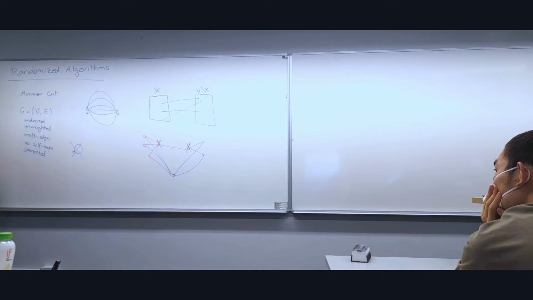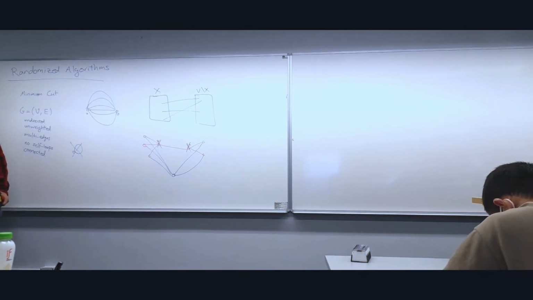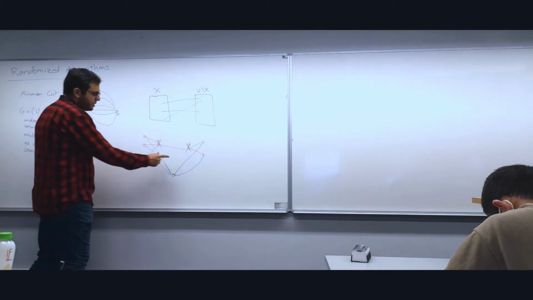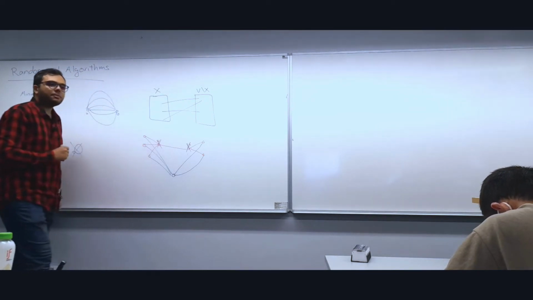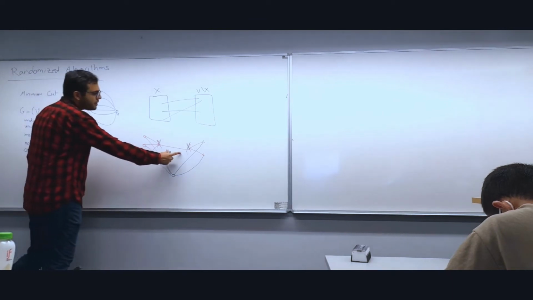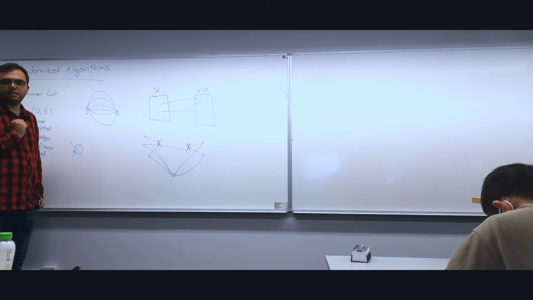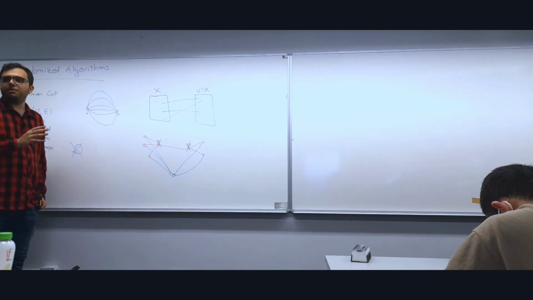Now, let's just think about what's happening here. So when I contract an edge, what happens to the optimal answer, to the minimum cut? So let's say that the edge that I contracted was not one of the edges of my minimum cut. And by the way, the minimum cut is not unique.